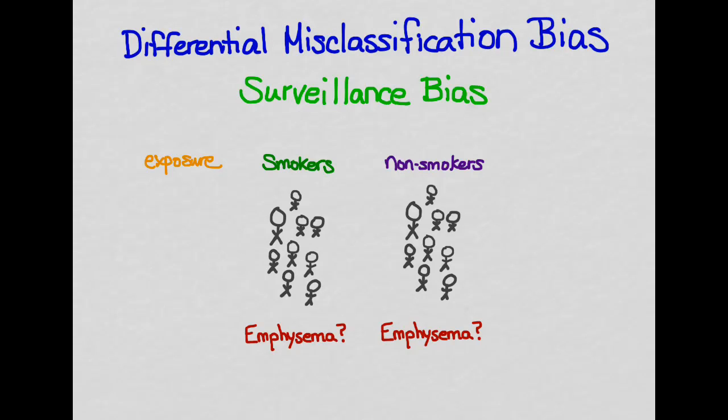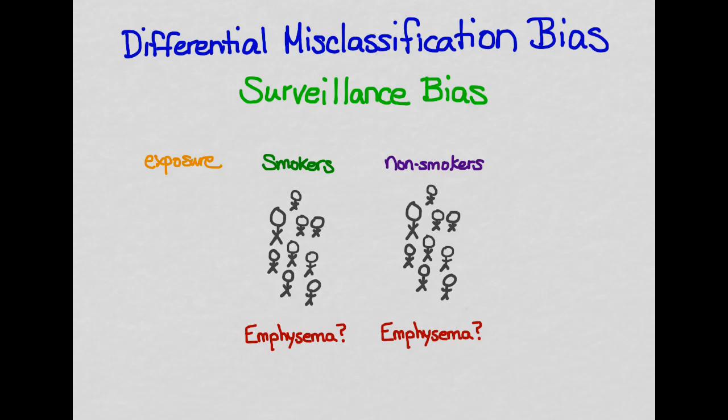So another type of differential misclassification bias is the surveillance bias. And in this case, the disease is misclassified more frequently in one group than another. So the way that this works is here we've got a cohort study, and so the groups of the study are based on their exposure. Here we're looking at the relationship between smoking status and emphysema.